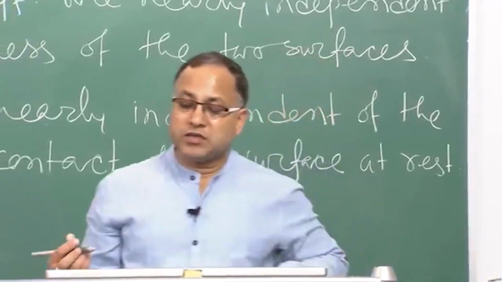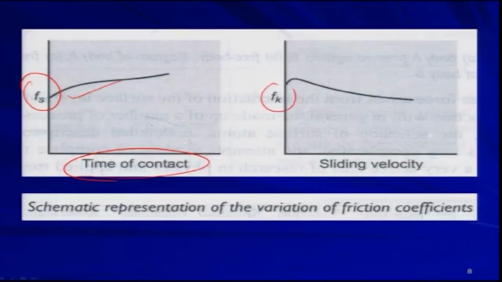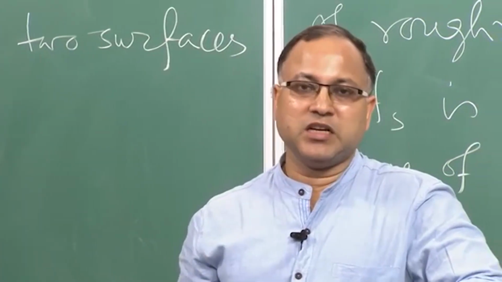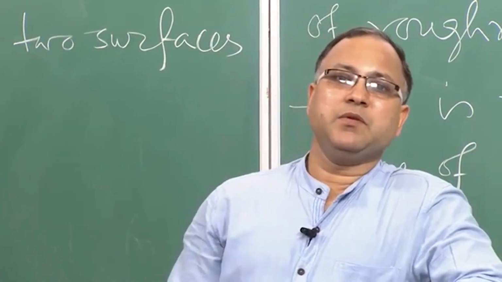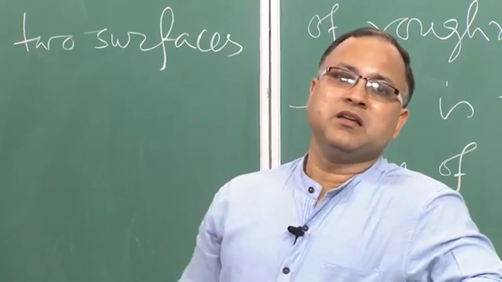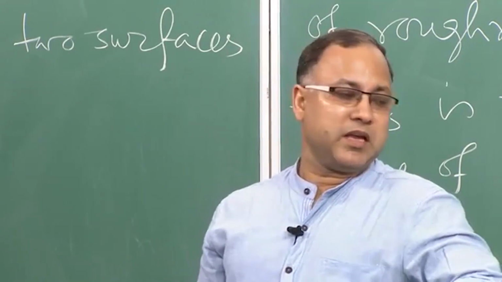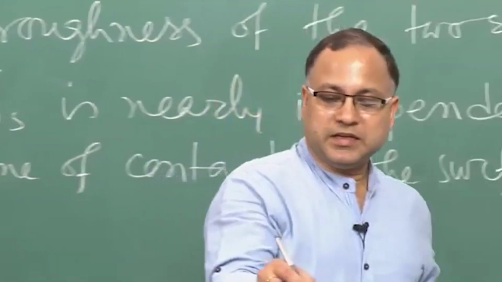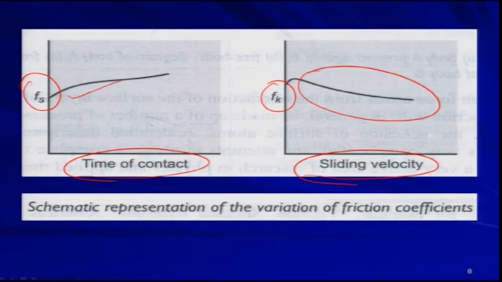This is your Fk, the kinetic coefficient of friction, and this is the sliding velocity. Once your kinetic friction is developed, it does not depend on the velocity of the sliding block. So, as you can see, it is nearly independent.